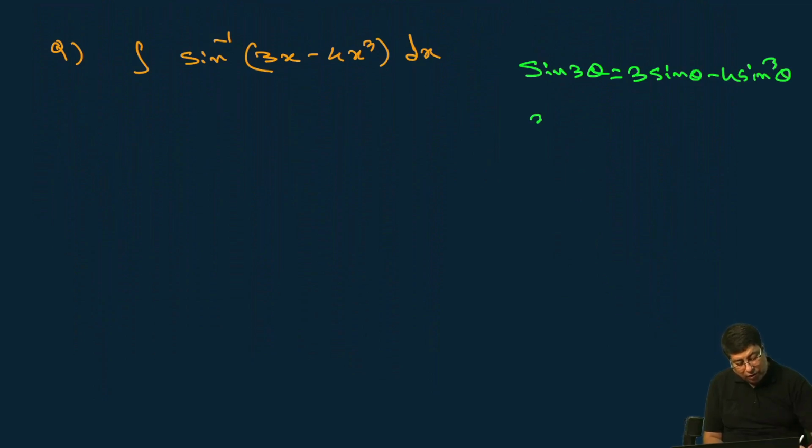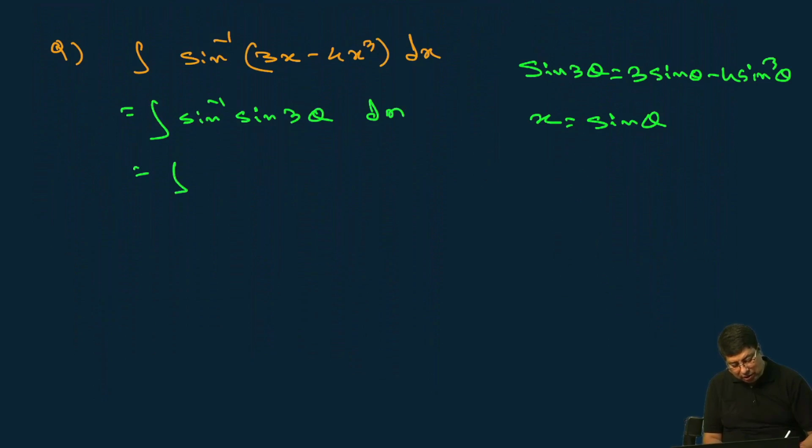So if we take x equal to sin theta, directly we are getting sin inverse of sin 3 theta, that is 3 theta dx. So instead of theta I can write sin inverse x. So 3 sin inverse x integration.